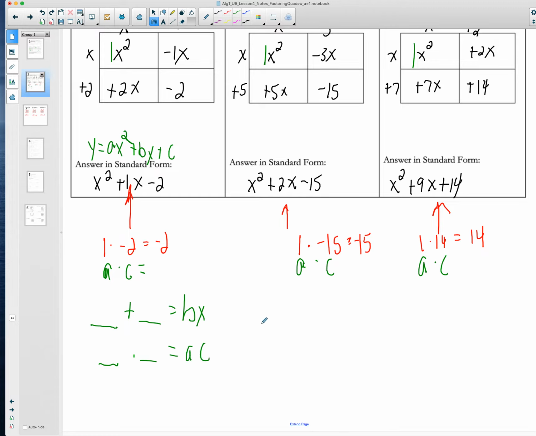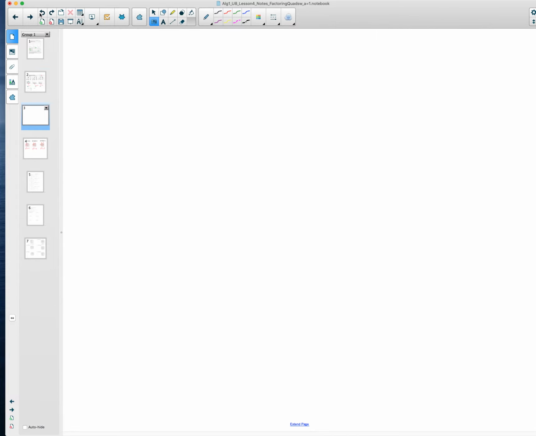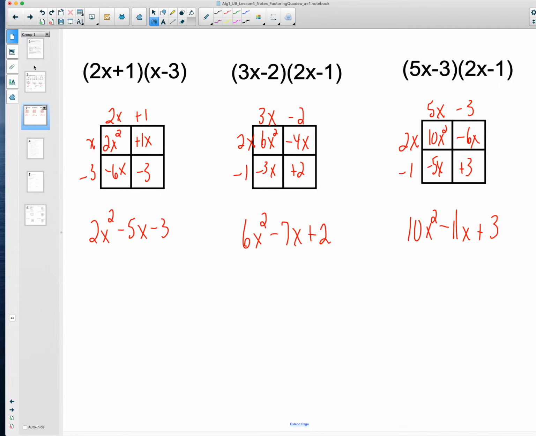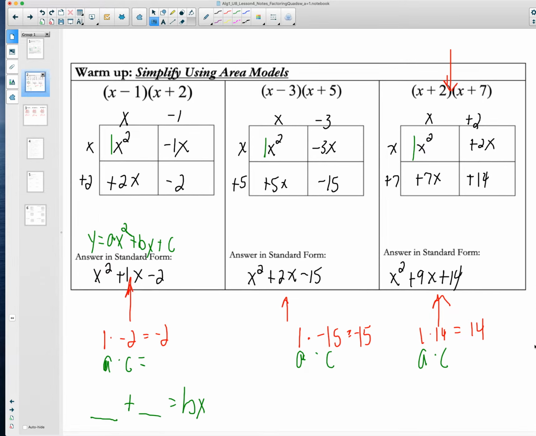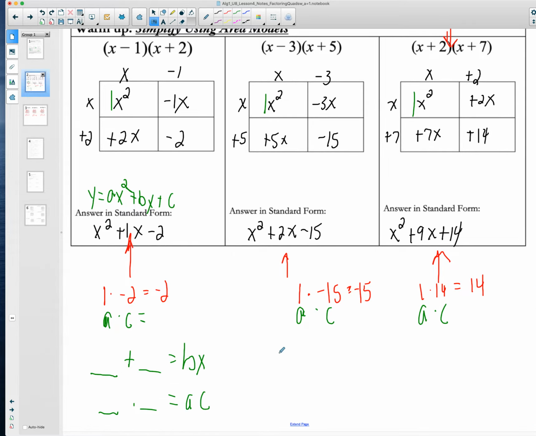So once again, we're looking for two things. Oh, that's a really bad line. Let's do backwards. All right, here we go. So we can see once again that we have to add to get that bx term.